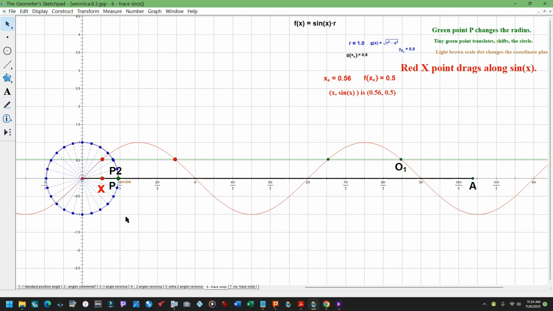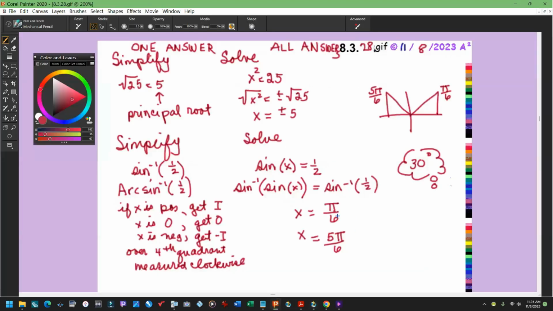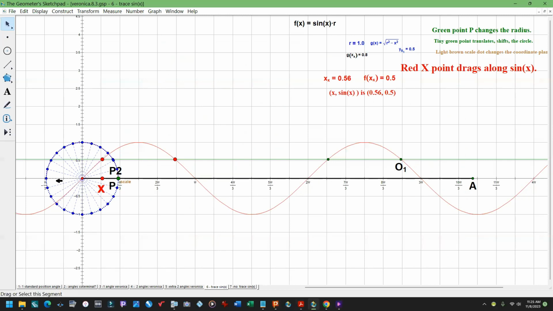So what I want to show you is that you knew that this would be in the first and that would be in the second. Those were places where the angle whose sine is 1/2 could be found, and that happens within the first quadrant and the second quadrant.